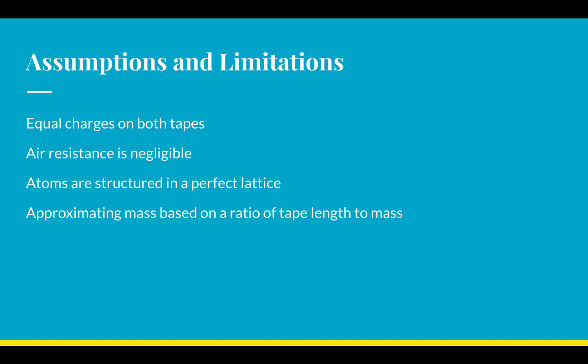The atoms are structured in a perfect lattice so that we can just take the surface area and the radius of an atom to decide how many atoms were on the face of the tape. And we're also approximating the mass based on a ratio of tape length to mass, which could result in a slightly off measure of the force of gravity, which we set equal to the electromagnetic force. So you can see how that assumption can also have a big effect on this experiment.